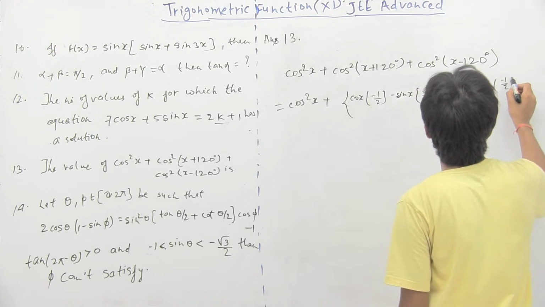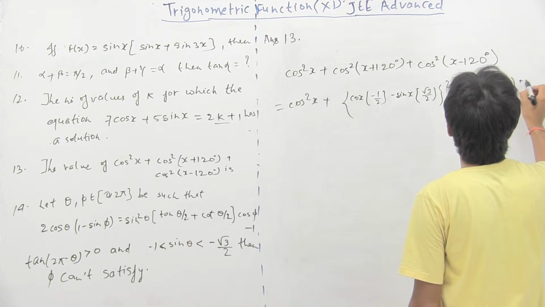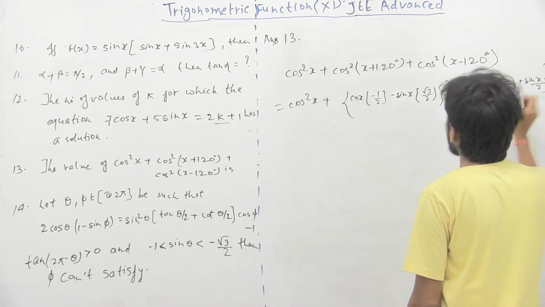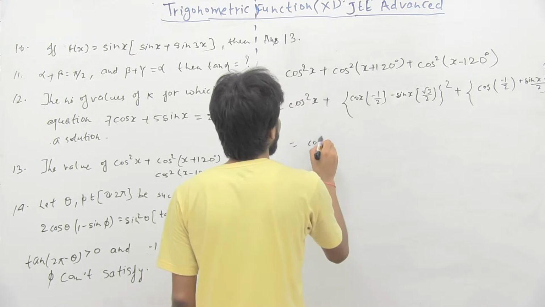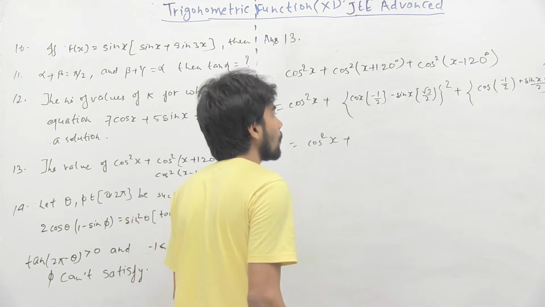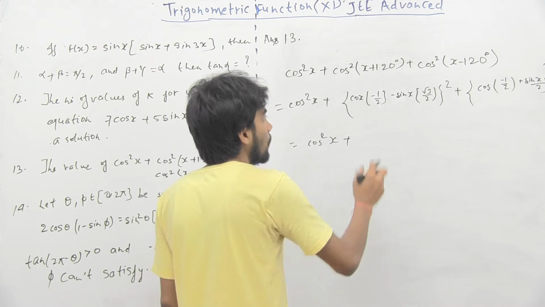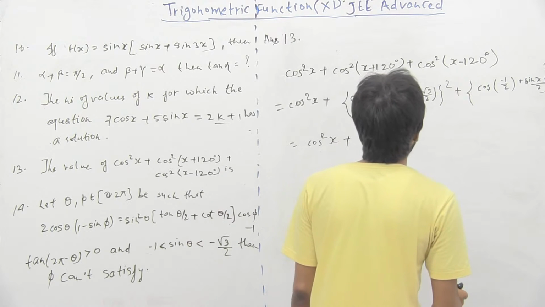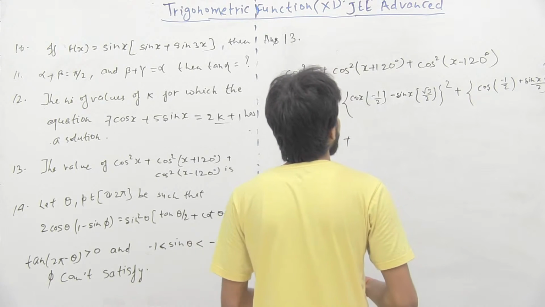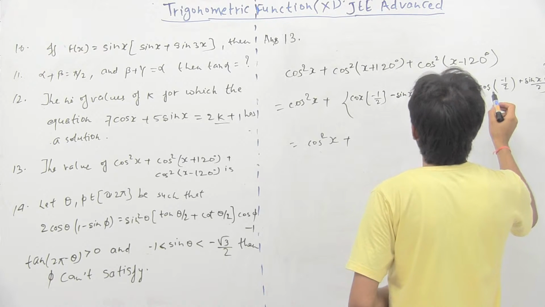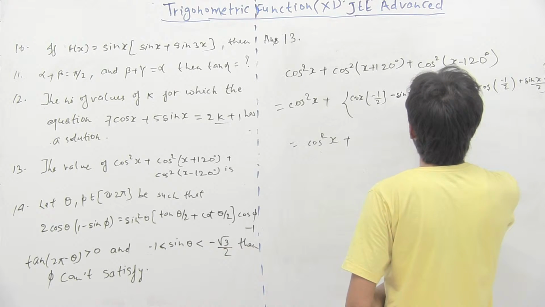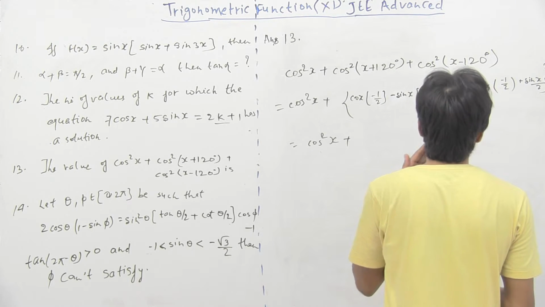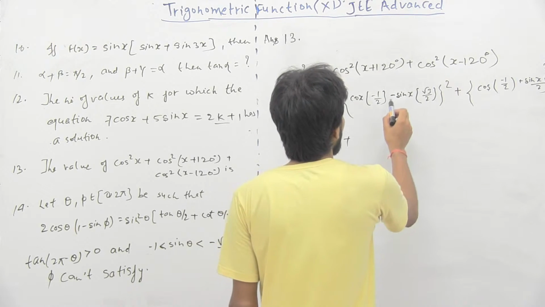Now here it is in the form of a minus b, and here it is cos of x minus 120 degrees, with a plus sign.